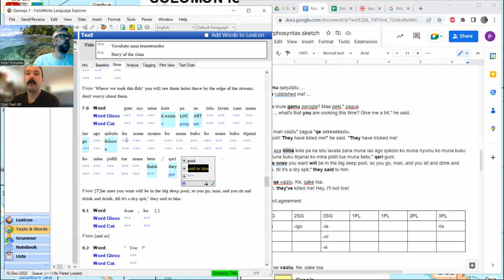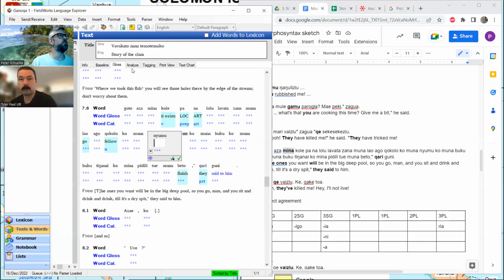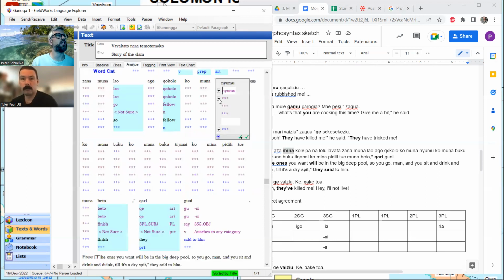So in order to. Maybe so that or something. And Muna is future. Buku. Drink. Yeah, because you get buku twice. You will drink. Tinganai is dry, I'm pretty sure. It says drink and drink, so they're giving us a pretty good hint there. Let's identify. Yep. All right. I agree with you. I'm thinking Numu is sit.